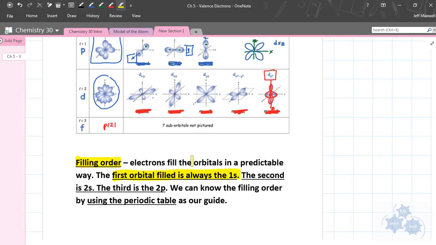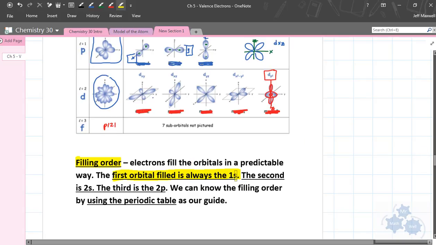Okay? So again, that's kind of the natural state. The first electron goes in the 1s. The second electron goes in the 1s as well. Remember, each orbital can have 2 electrons. I think that's in the notes a bit later. But if we're talking about filling order, it's the 1s first, then the 2s. Okay? The second orbital that's filled is the 2s. And the third is the 2p.